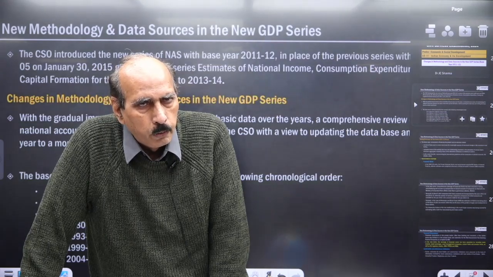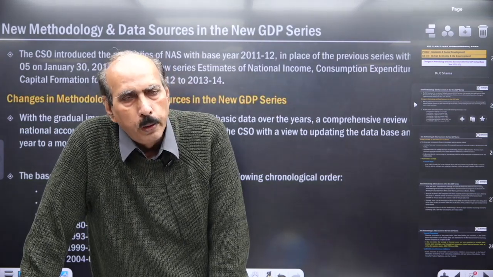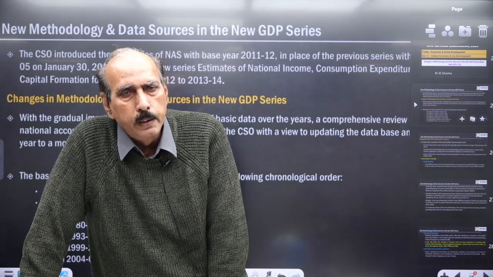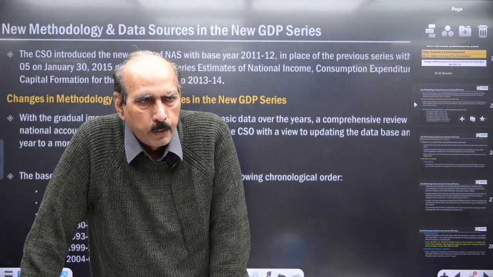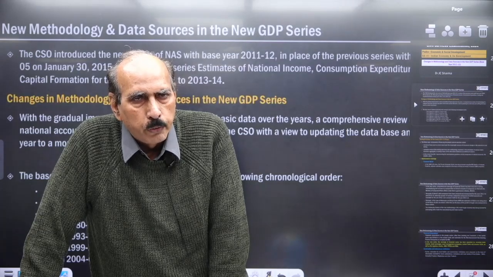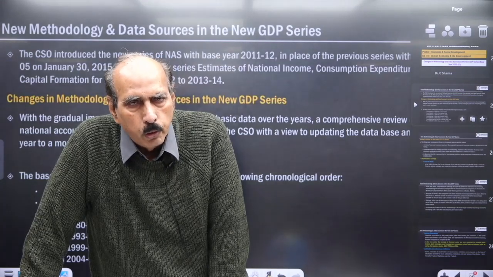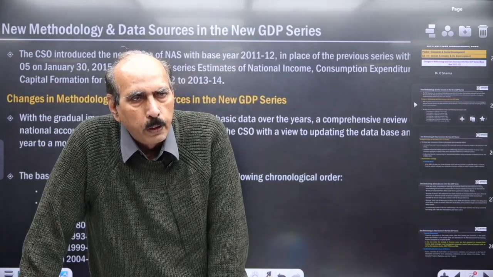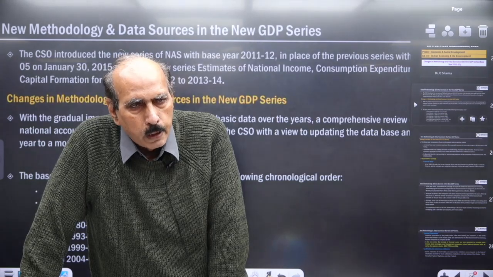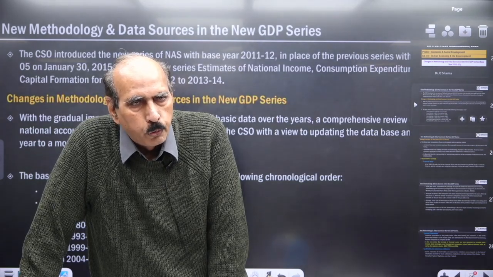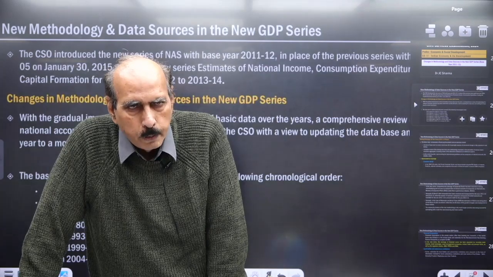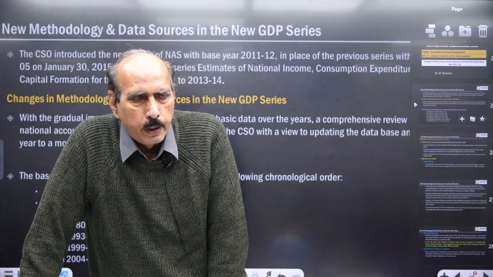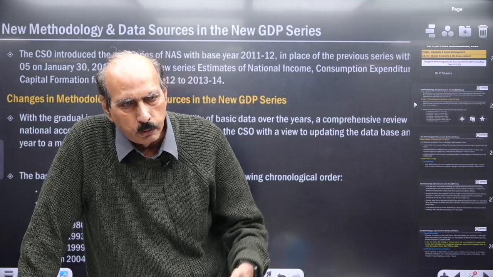For example, NSSO data came for 93-94, 99-2000, 2004-05, 2011-12. When we shifted the base from 2004-05 to 2011-12, we revised the NSSO database accordingly. NSSO, the National Sample Survey Organization, publishes various kinds of data after a few years.